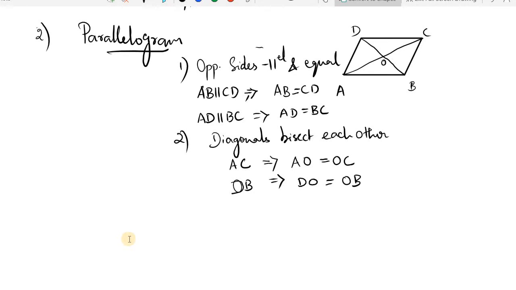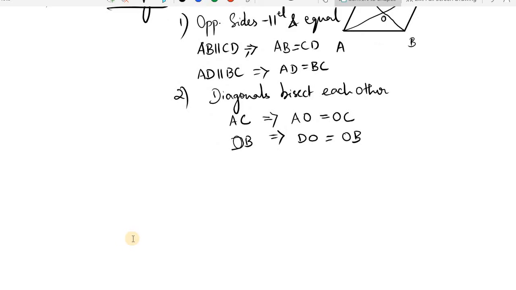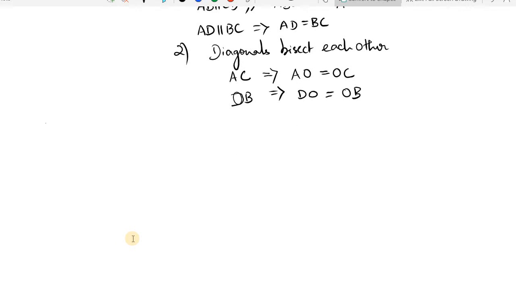Now the next type of shape is rhombus. Now rhombus is a quadrilateral, but rhombus is a type of parallelogram because it has all the properties of a parallelogram. What are the properties of a parallelogram? Opposite sides are parallel and equal, both the pairs, and the diagonals bisect each other.